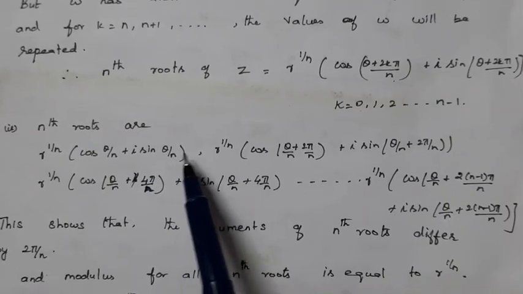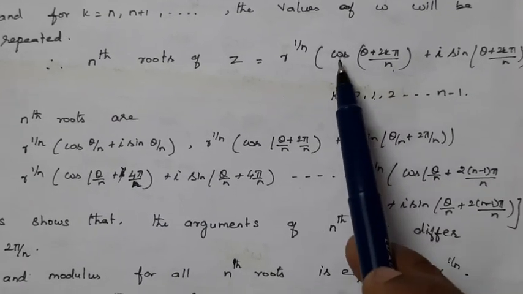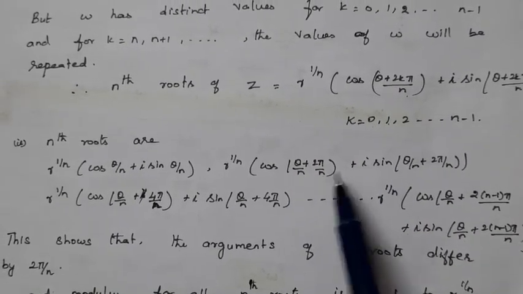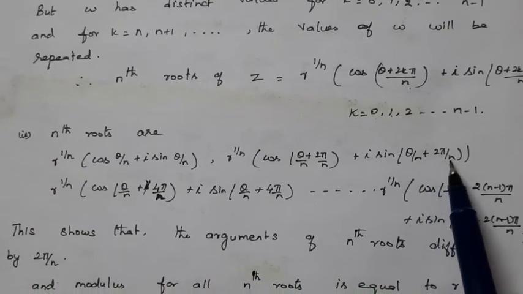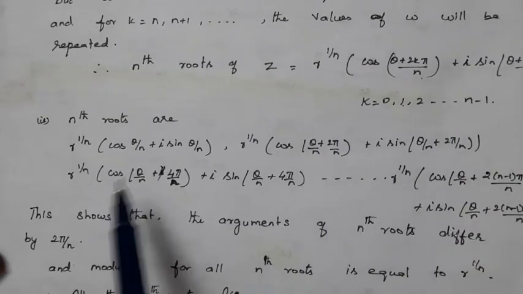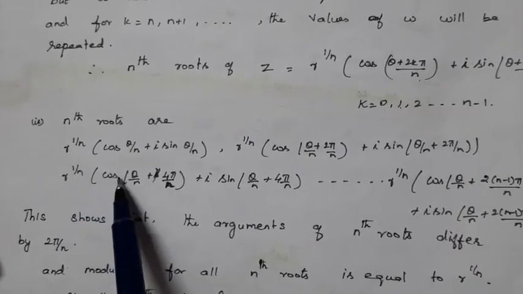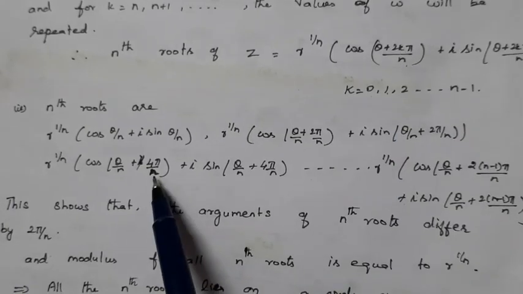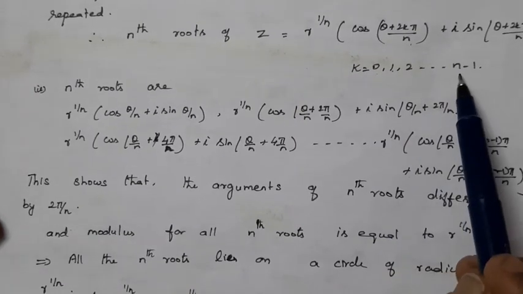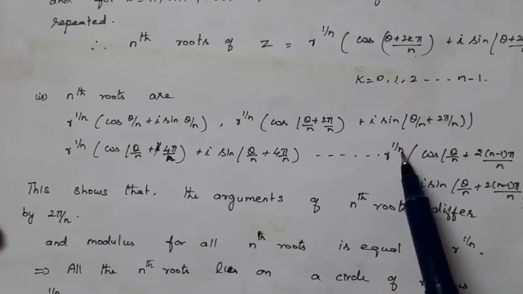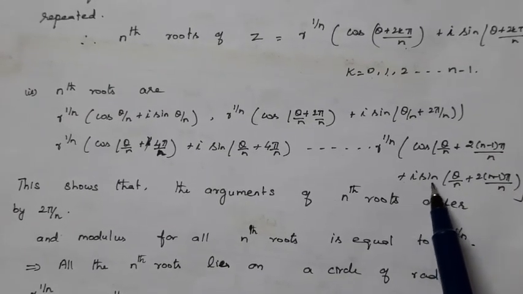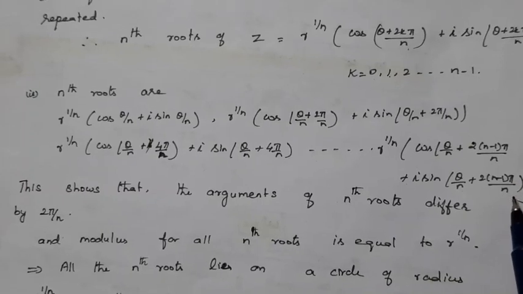By substituting k equal to 1, r power 1 by n into cos of theta by n plus 2 pi by n, plus i sin of theta by n plus 2 pi by n. Similarly, by substituting k equal to 2, we have another root, r power 1 by n into cos of theta by n plus 4 pi by n, plus i sin of theta by n plus 4 pi by n, etc. And by substituting k as n minus 1, we have r power 1 by n into cos of theta by n plus 2 into n minus 1 into pi by n, plus i sin of theta by n plus 2 into n minus 1 into pi by n.